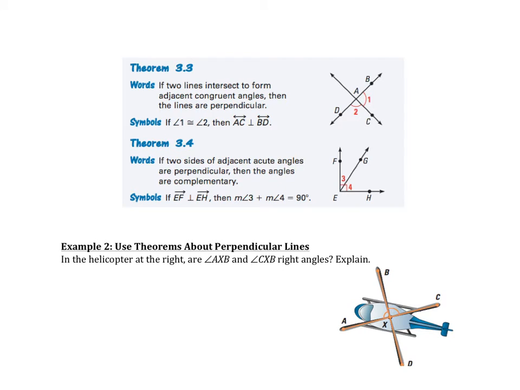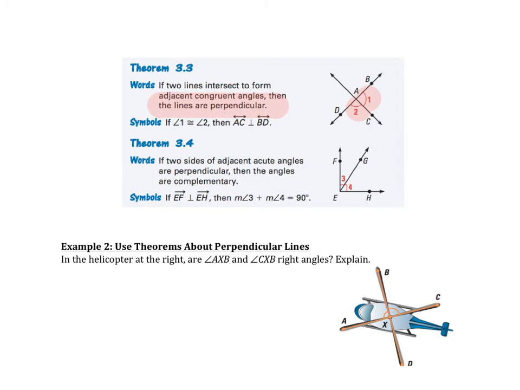Okay, the next theorem we're going to learn about perpendicular lines is that if we have two lines that intersect and form two adjacent congruent angles, like angles 1 and 2, then the lines are perpendicular.